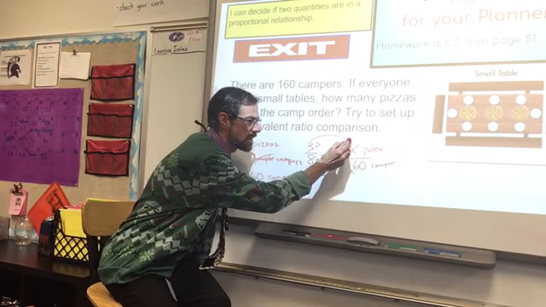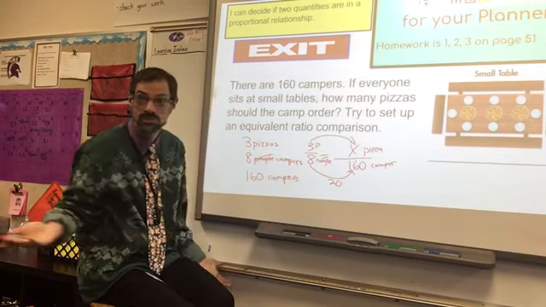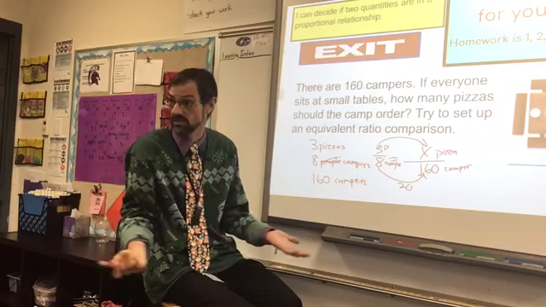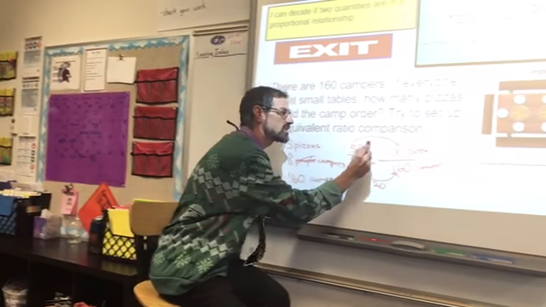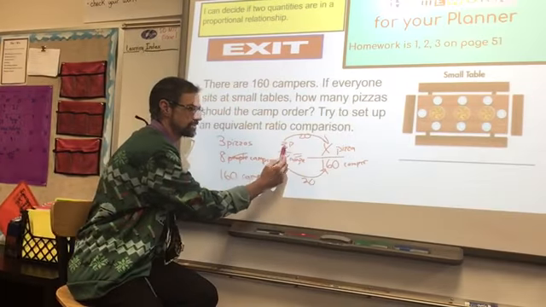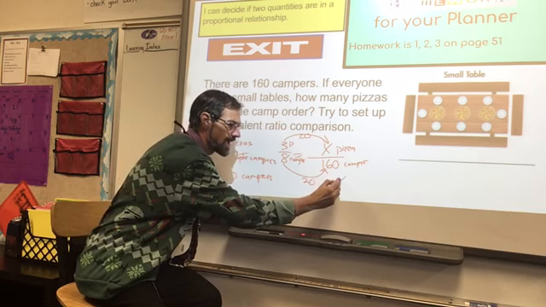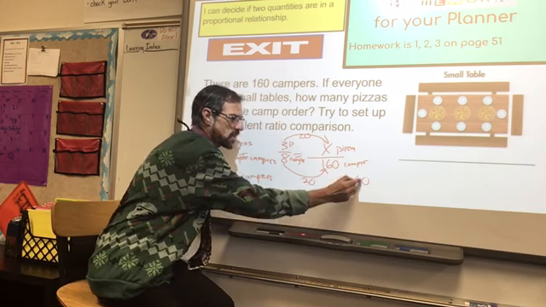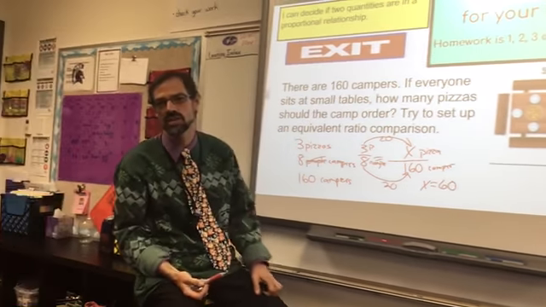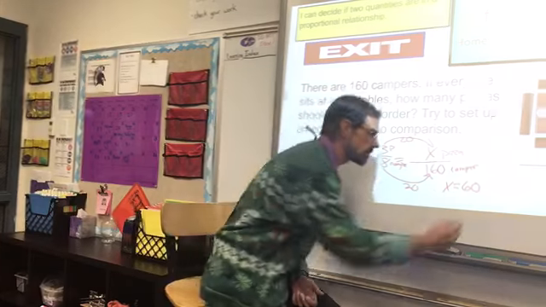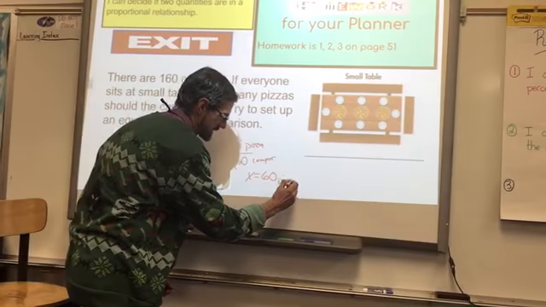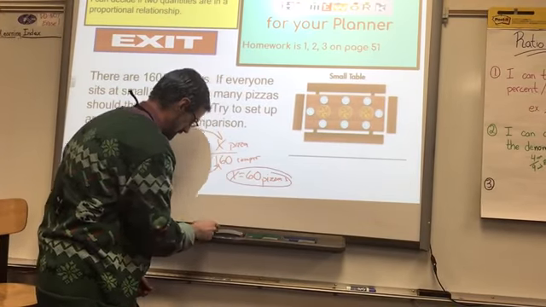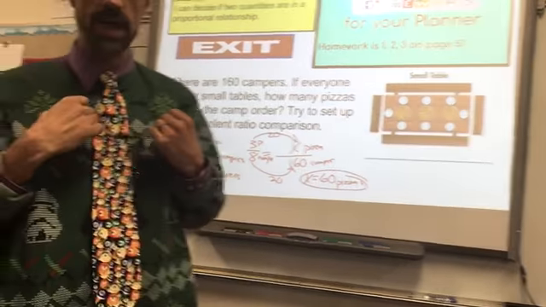So that means I'm going the same direction up top. The scale factor is the same because they're equivalent. So this is 20. 20 times 3, X equals 60. And what does that 60 represent, Streeter? It represents pizzas.